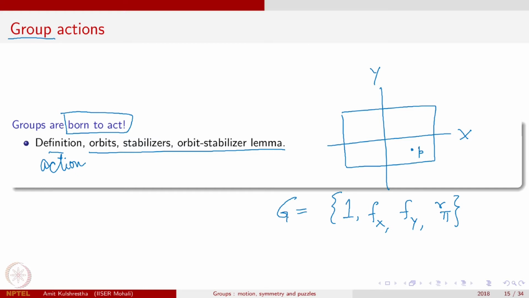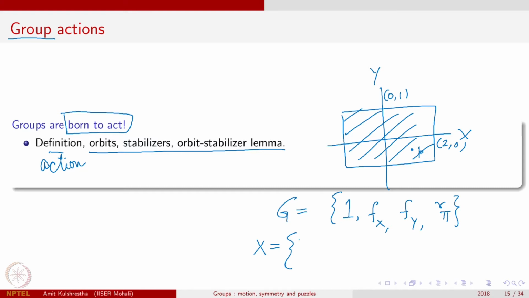So, the group, we understand, is a collection of symmetries of this rectangle, and I consider a set. What is this set? This set consists of all the shaded region along with the boundary. So, suppose this is 2, 0 and this is 0, 1, suppose that is a rectangle.